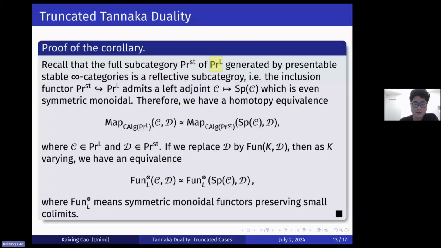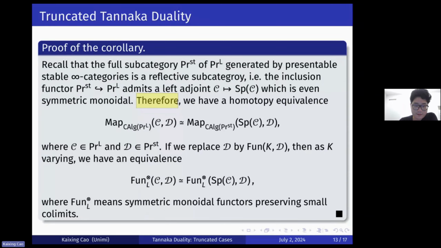It means that if we have a general presentable infinity category, we can get a best approximation to it, a presentable stable infinity category, which is very close to it.